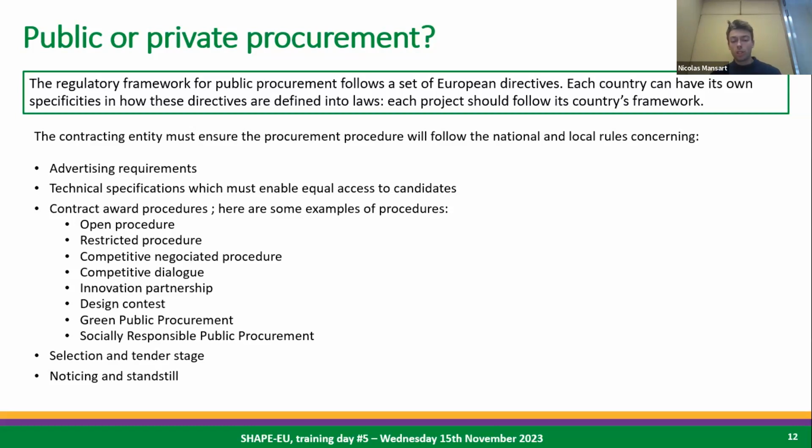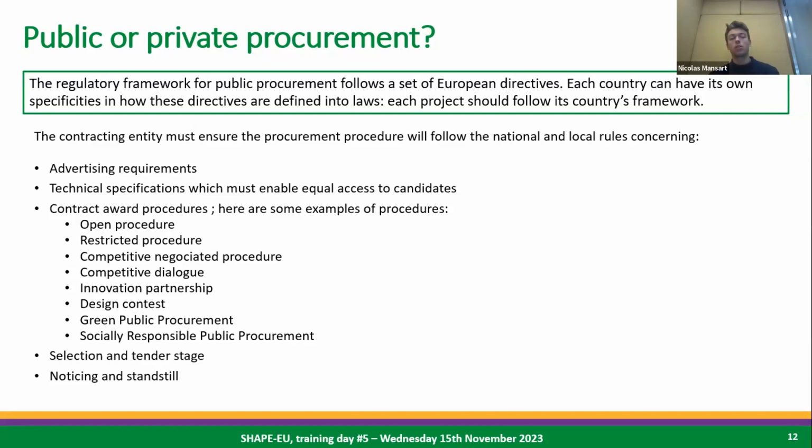Usually, contracts must be advertised in an open and transparent manner via what we call a call for competition to ensure equal access to contract opportunities across the European Union. There's also a need to specify the technical needs to give equal access to all candidates.